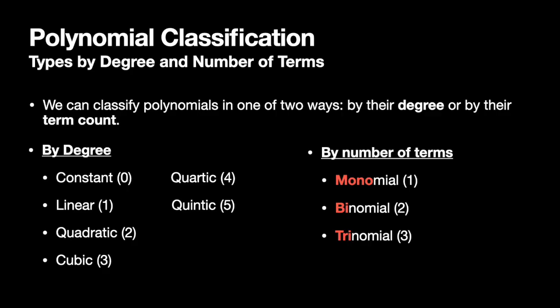So for example, we can combine both of these aspects. Let's say we have a polynomial of degree 2, and it also has three terms. Well, that would be called a quadratic for the degree, a quadratic trinomial for three terms. Similarly, we can give different names like a cubic trinomial, for example.